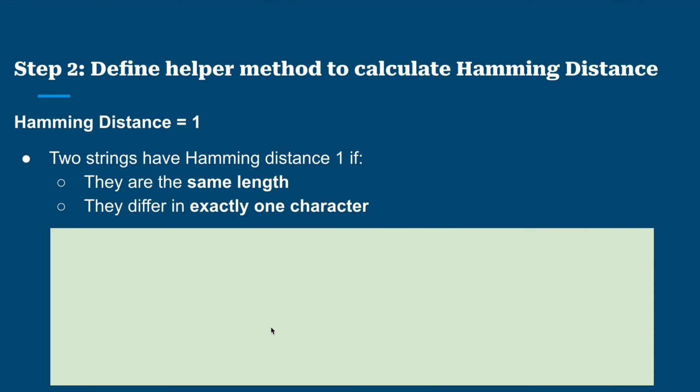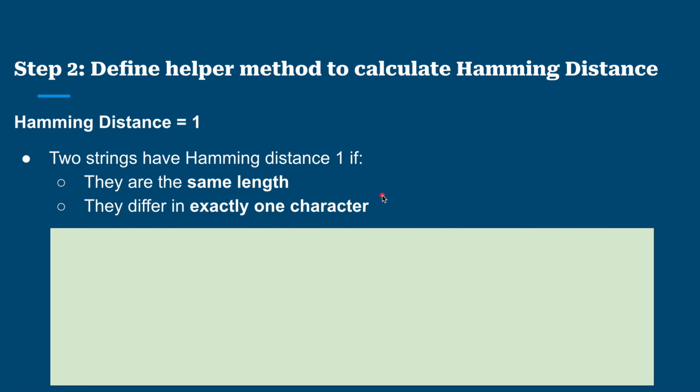In step 2 we will define the helper method to calculate Hamming distance. Two strings have a Hamming distance equal to 1 if they are the same length and differ in exactly one character. You understood that, right?